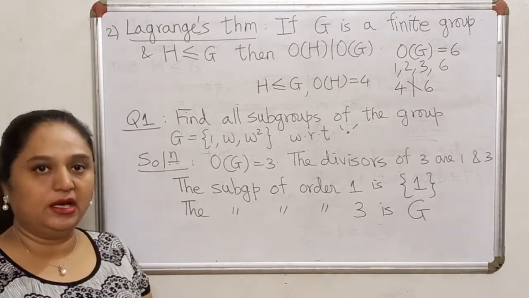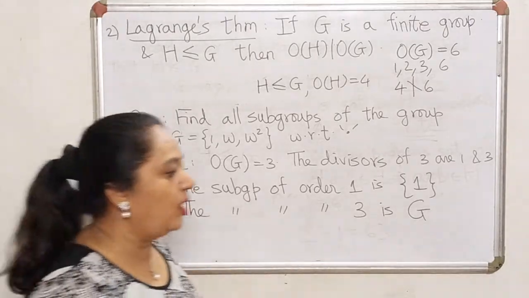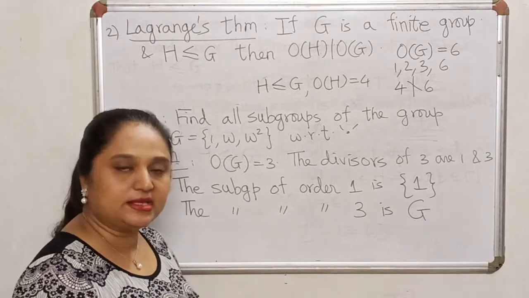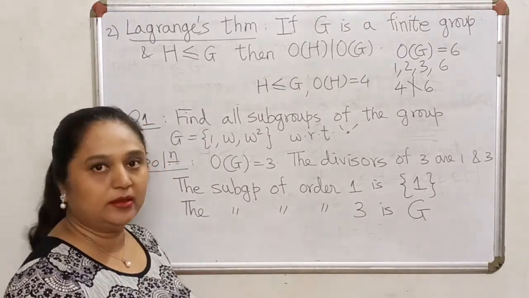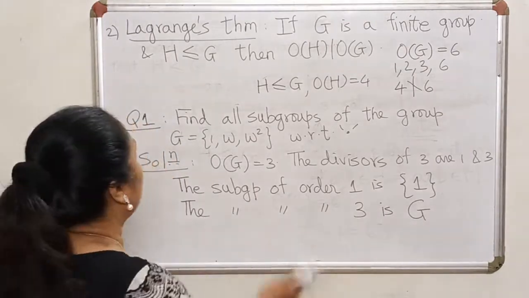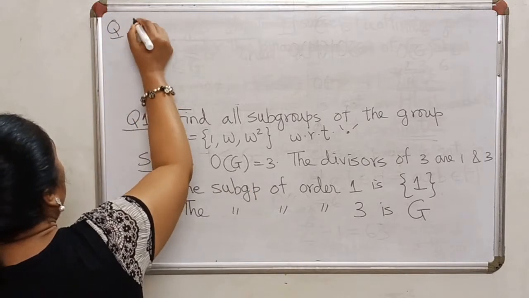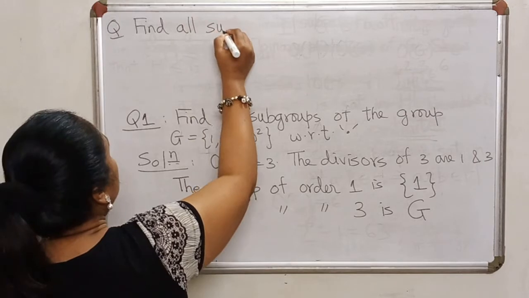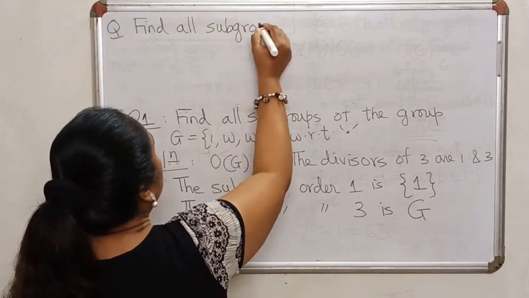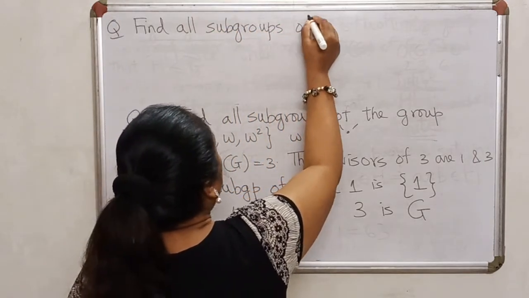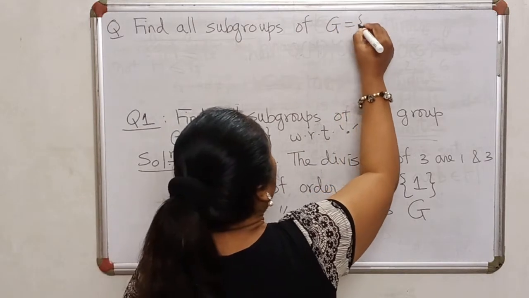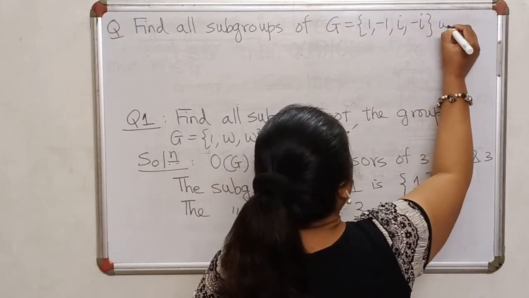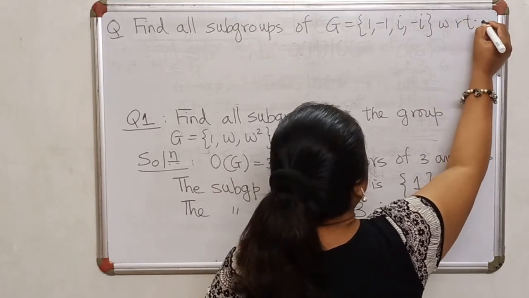We look at a slightly more complex example. Complex in the sense that we will now look at an example where we do get a proper non-trivial subgroup. So let us now find all subgroups of the group G equal to {1, -1, i, -i} with respect to dot.